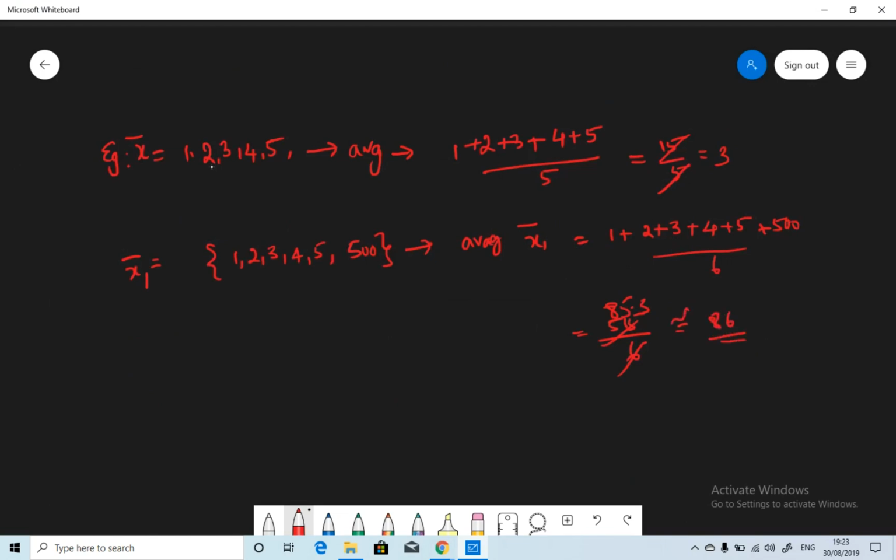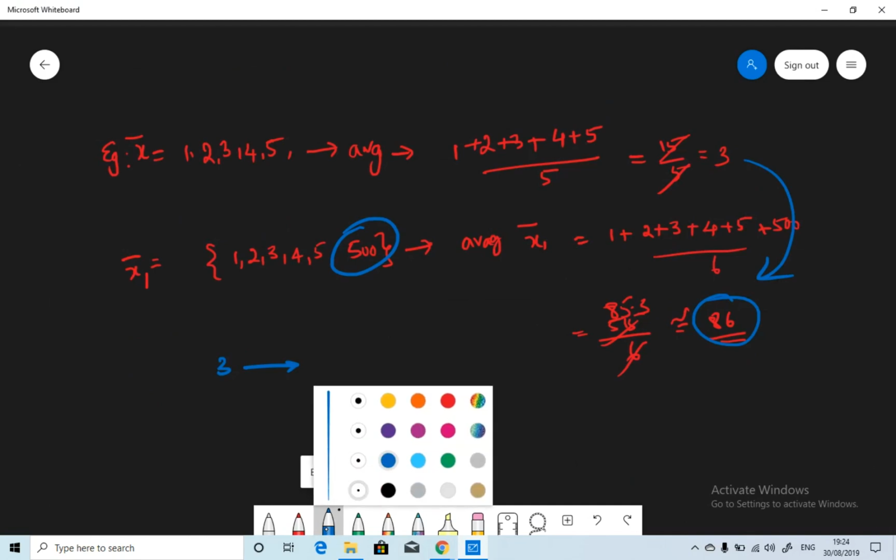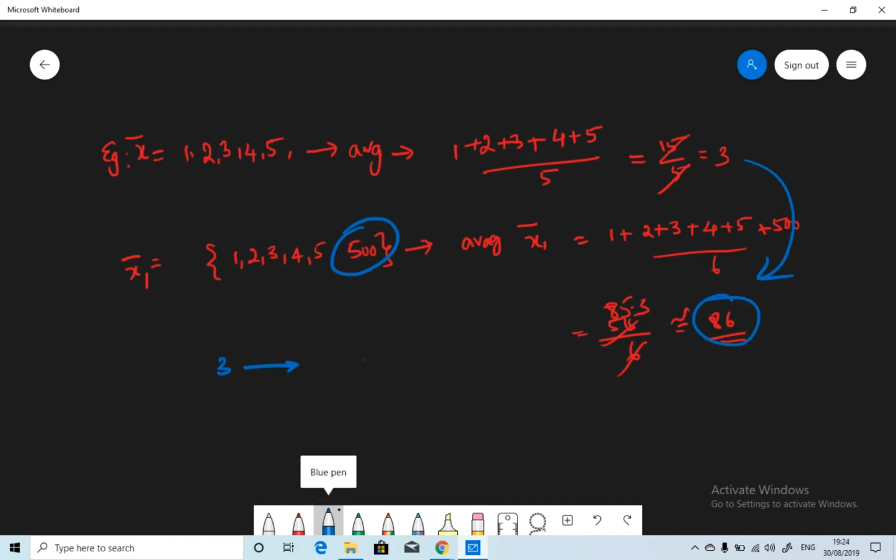So what is happening here? I'll take another color and explain. One outlier: this average got changed from 3 units to 86 units.